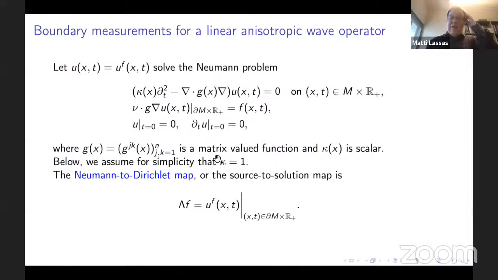So we have a matrix-valued wave speed, which says that the speed of waves depends on the direction in which the waves are propagated. And we could ask, could we reconstruct this matrix G when we are given the Neumann to Dirichlet map. In this setting, the Neumann to Dirichlet map is a linear operator, and this equation is also linear.